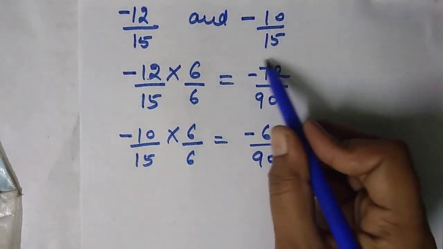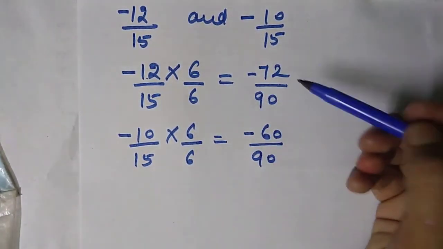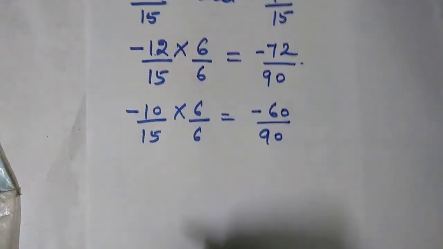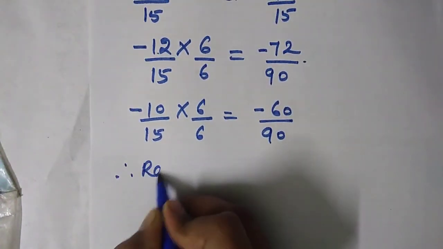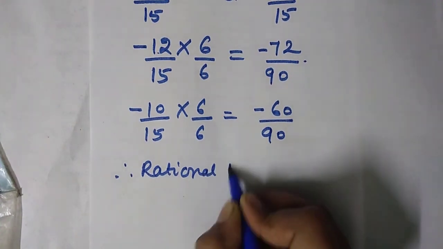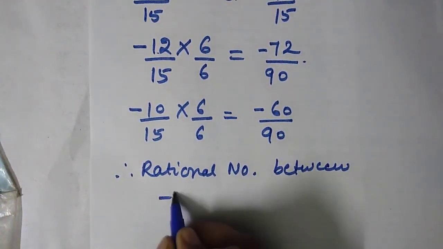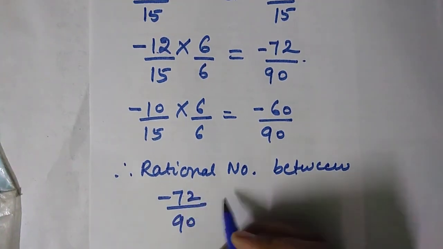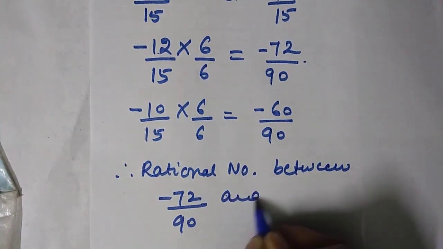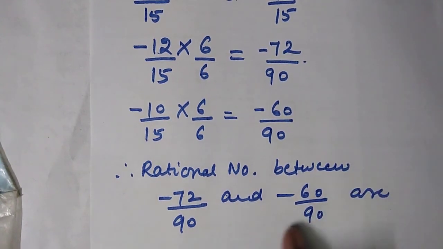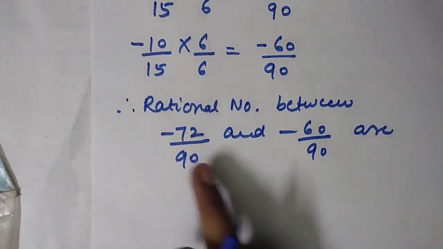Now these are the two required fractions, and we have to find the rational numbers between these two. So I will write rational numbers between minus 72 over 90 and minus 60 over 90. You just have to write the numbers which lie between these two.